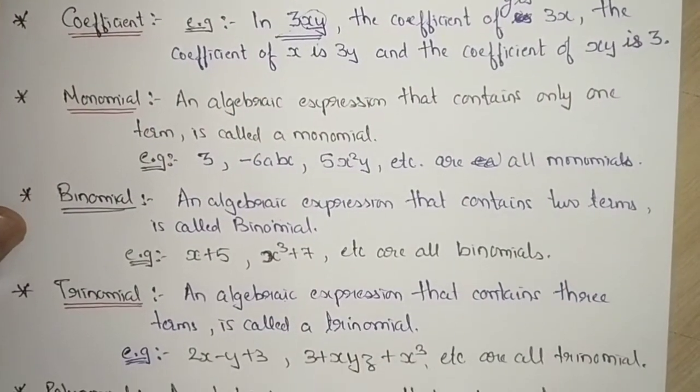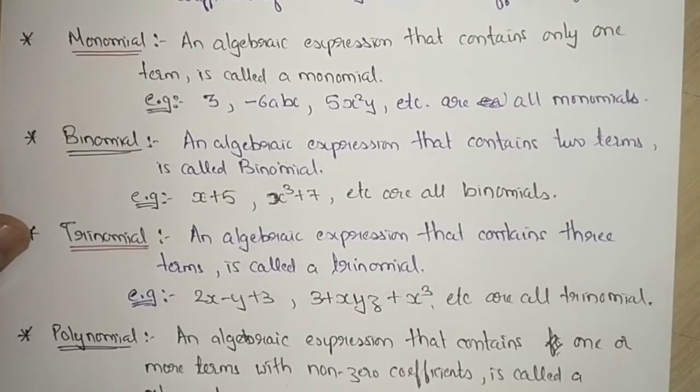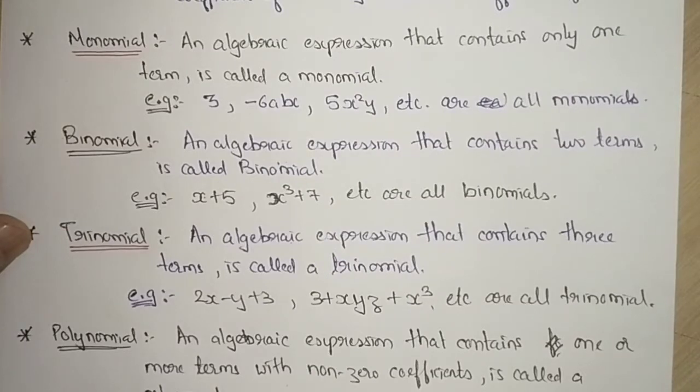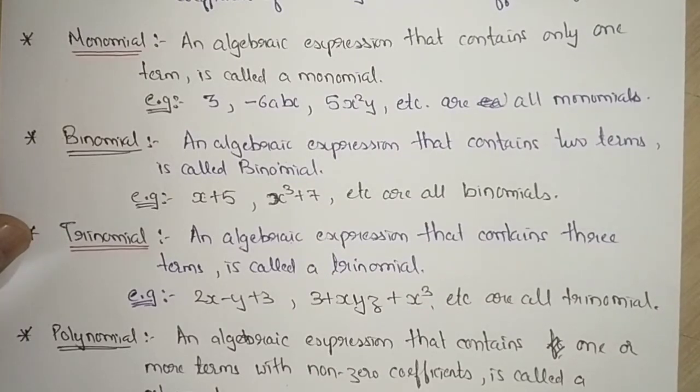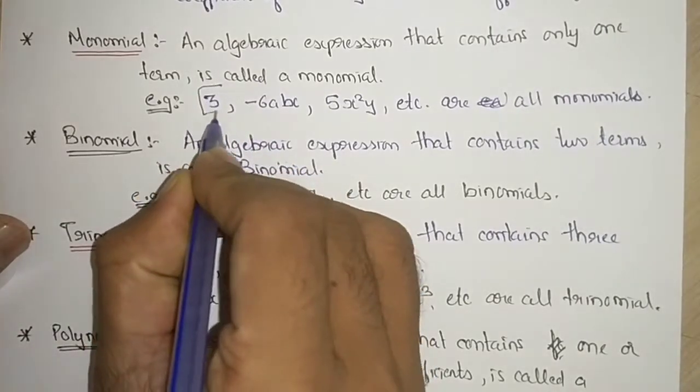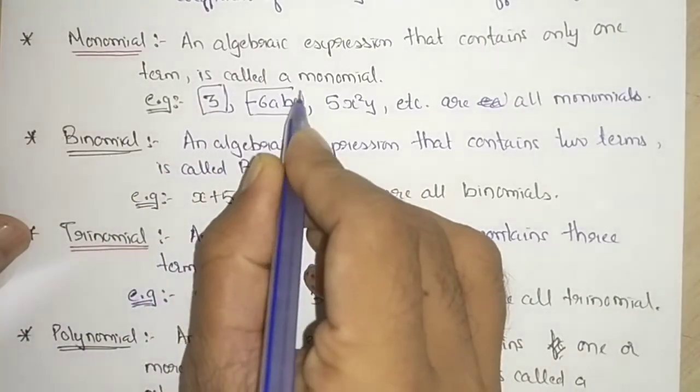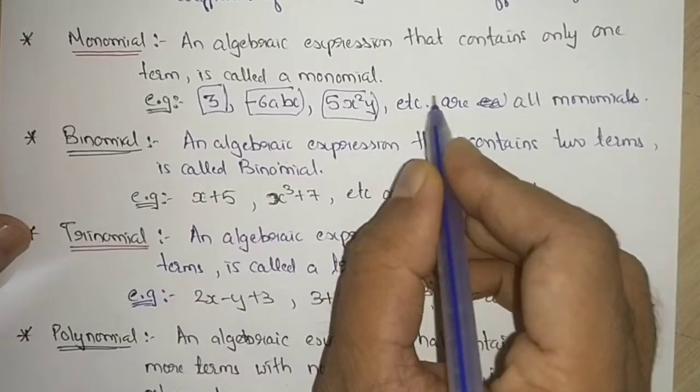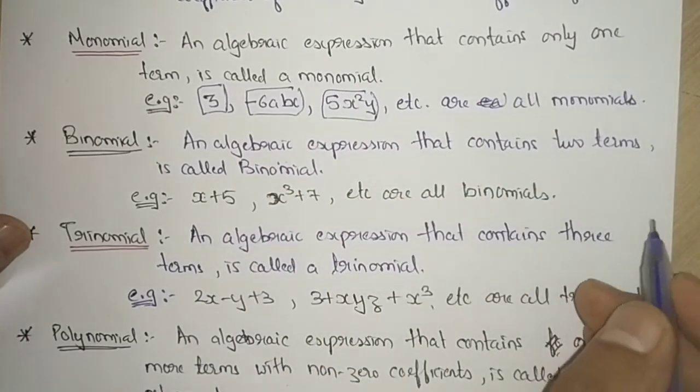Now coming to the next part, that is monomial. Since you have understood algebraic expression, those algebraic expressions which have only one term in them are called monomial.